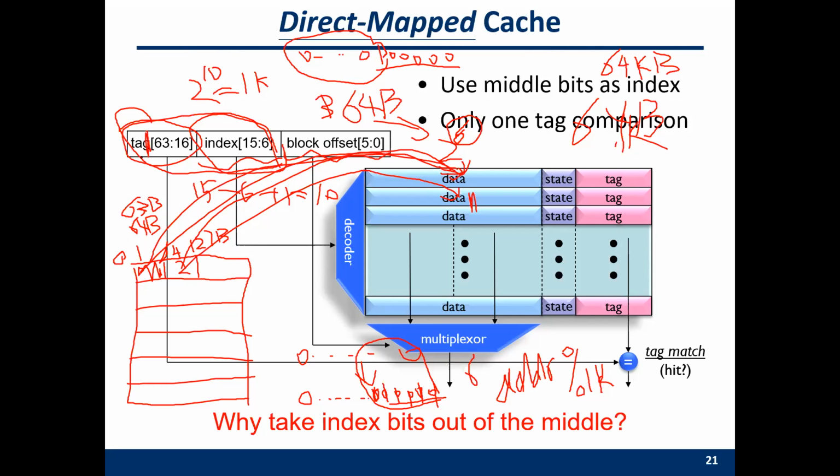Otherwise, for all the first several blocks, these 10 bits are all zeros, so they will all be mapped into the first physical line. They will compete for the first block, and I cannot simultaneously hold them in the cache. If I have very strong spatial locality, this is not good.